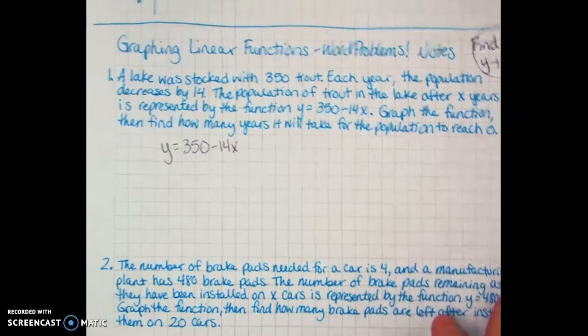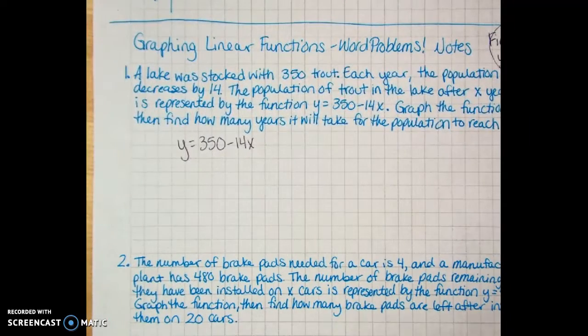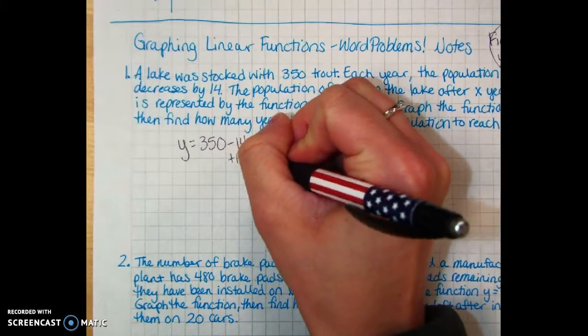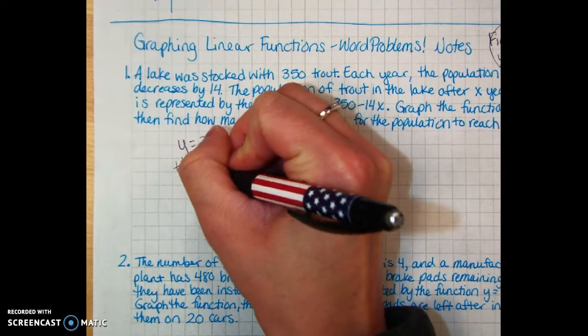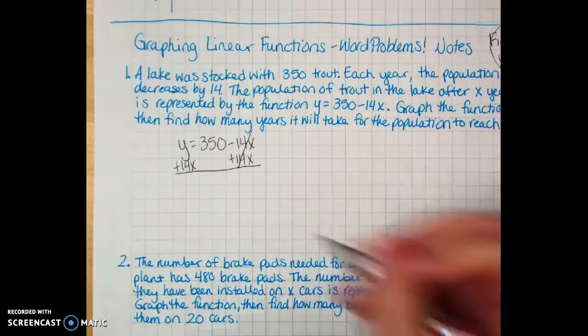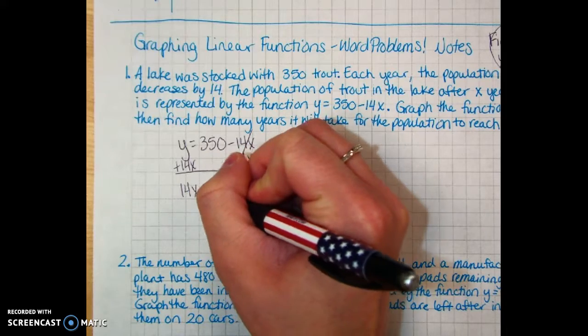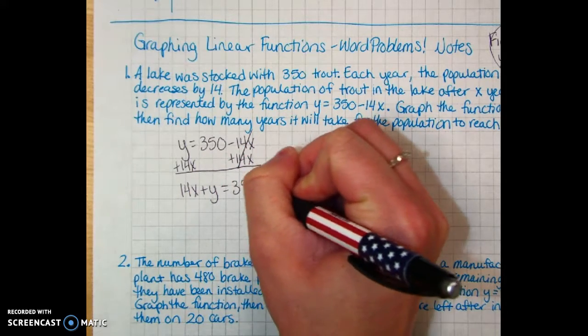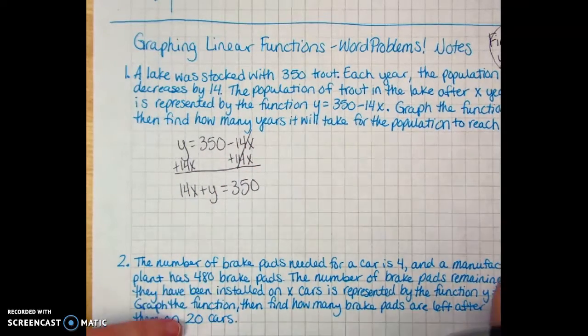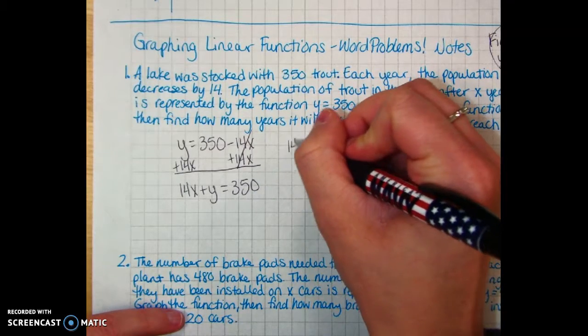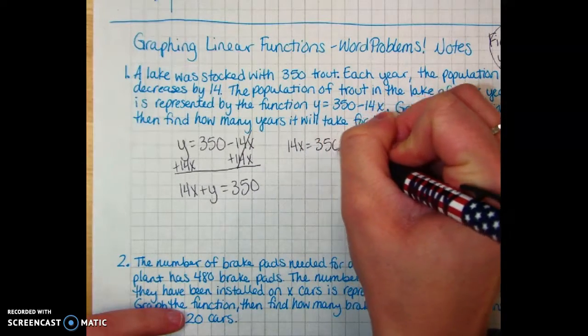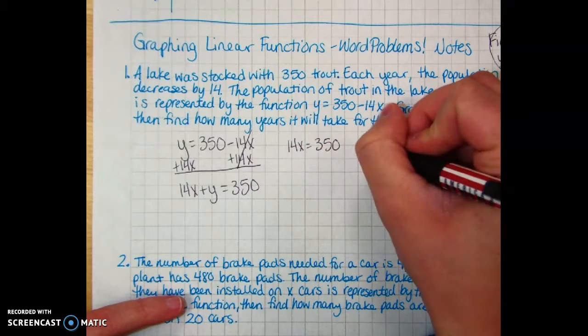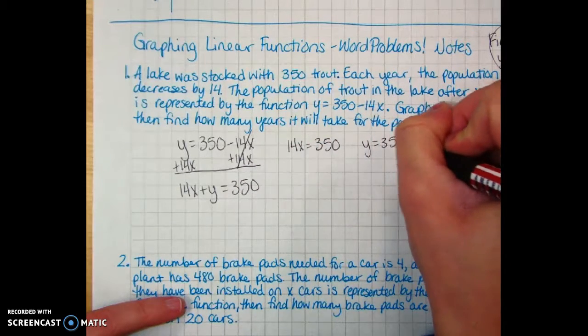To find the x and y intercepts, I want x and y on the same side, so I'm going to add 14x. That gets me 14x plus y equals 350. Now to get my x-intercept, it's going to be 14x equals 350. And for my y-intercept, it'll be y equals 350.